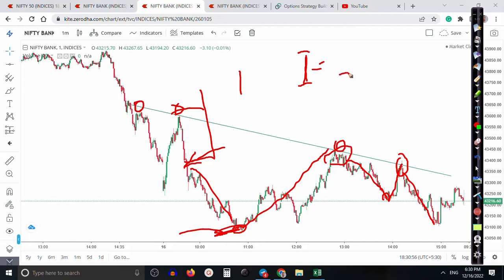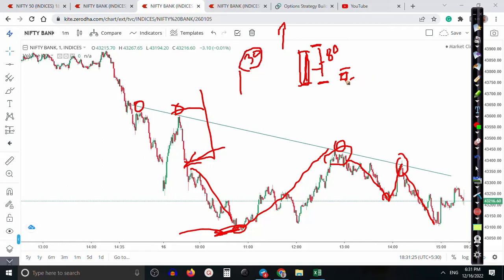Say the entry point is somewhere here and the SL is somewhere there, in between this range. Suppose it is 80 rupees, so we reduce the delta. Basically, I prefer around 30 delta, which means if price goes up 100 rupees against me, my premium will decay only 30 rupees.